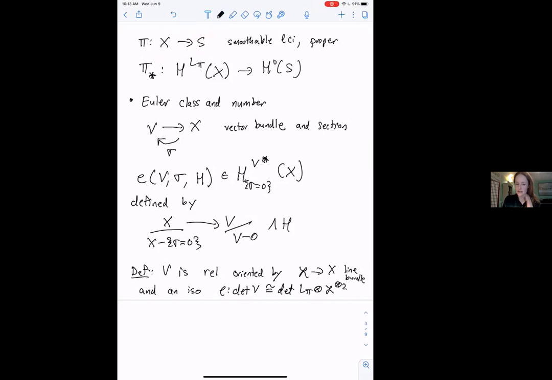And the purpose of doing this is that for all of the example theories, we get a push forward from the group where our Euler class lies.